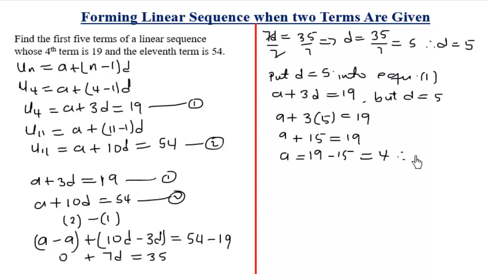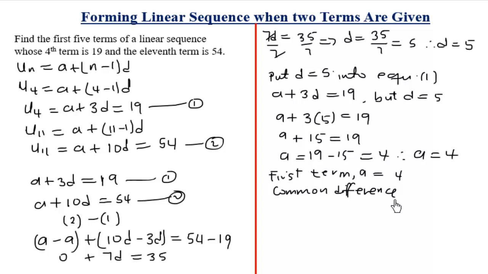So it implies that the value of a is equal to 4. So the first term a is equal to 4. Common difference d is equal to 5.